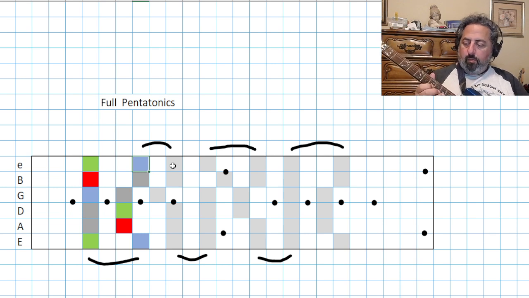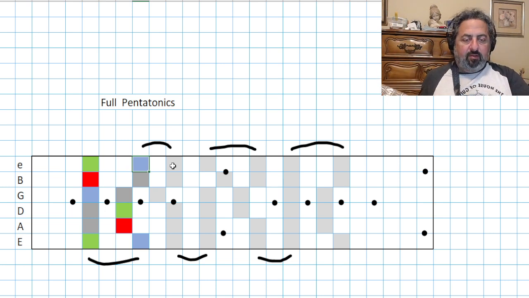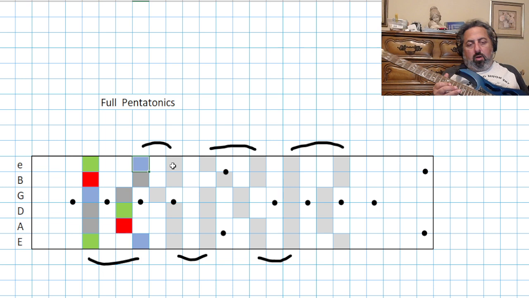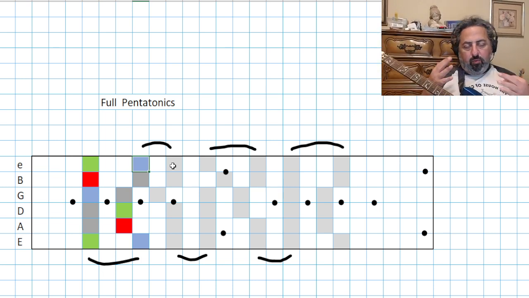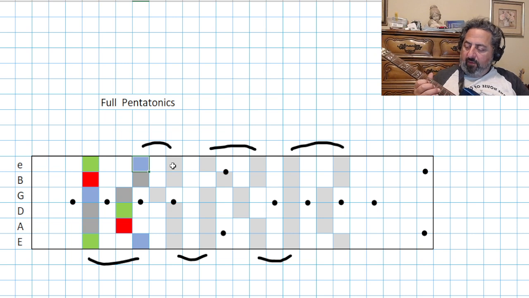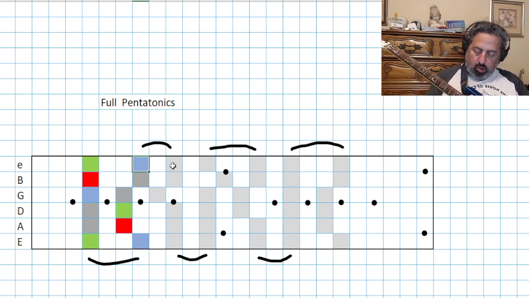Maybe it would have been better if I just played them straight up and down instead of noodling around there. But I just wanted to show you, if you have these patterns and you have this ability to noodle, that's a little why I did that.